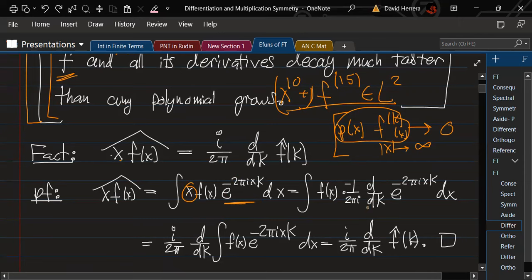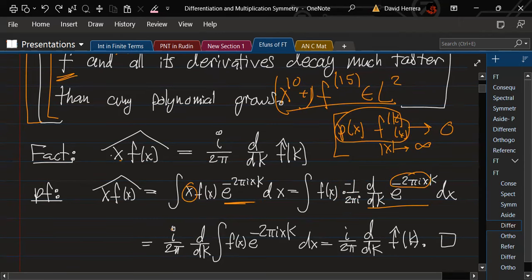So if we take the derivative of this, we get negative 2 pi i, derivative with respect to k, that comes down. But since I have an x here, but no negative 2 pi i, I have to multiply by this factor here, negative 1 over 2 pi i, in order to get rid of the negative 2 pi i that comes down. And so let me just factor out the negative 2 pi i.